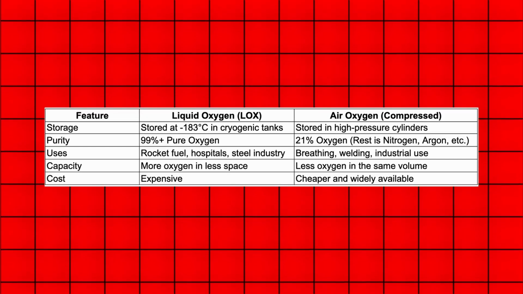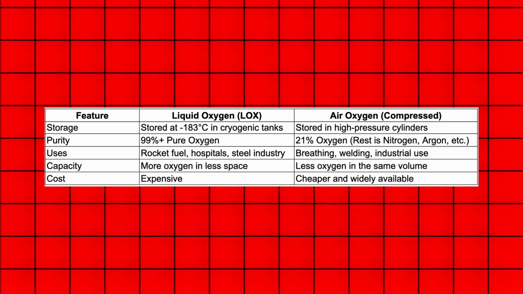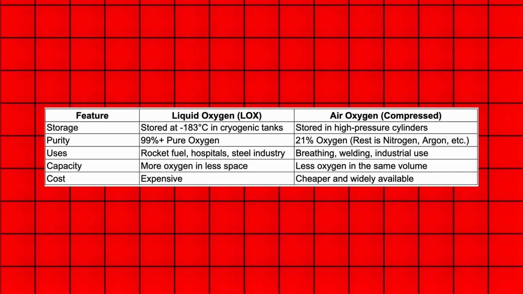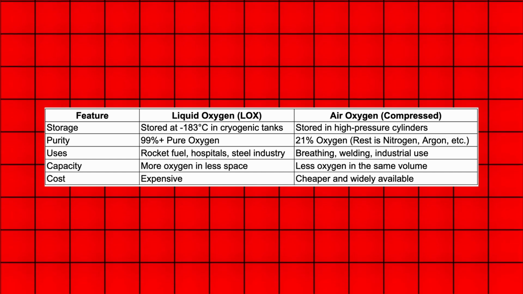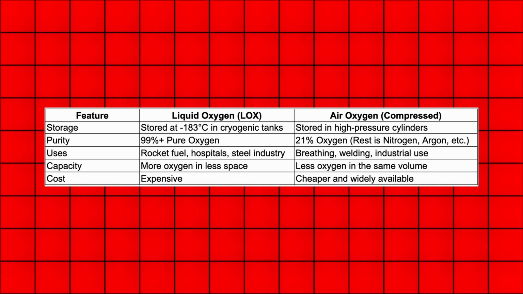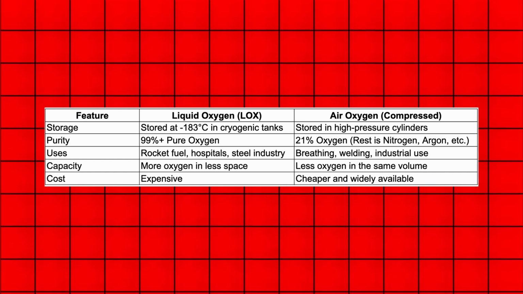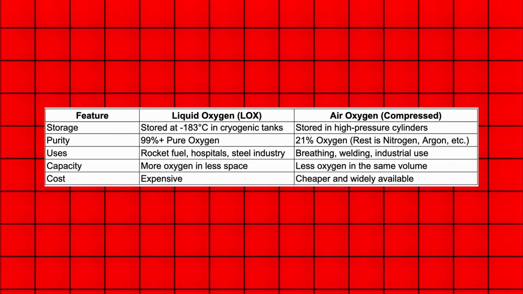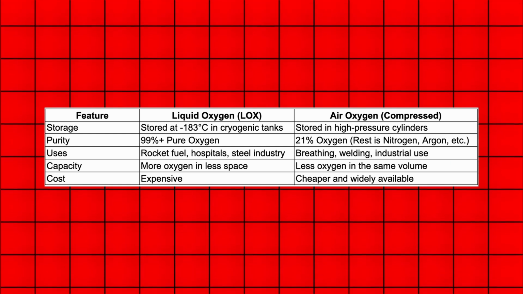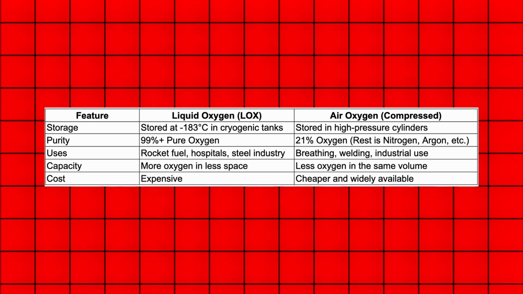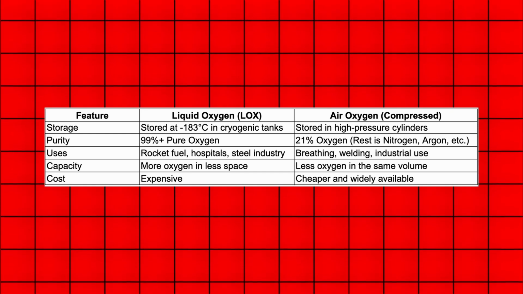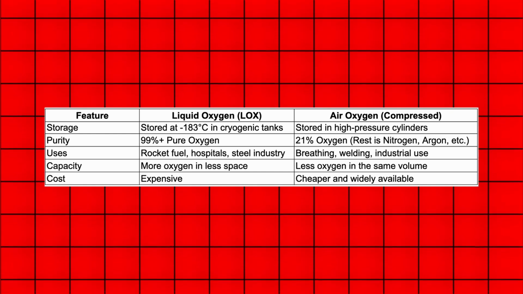There's a key difference between liquid oxygen and air oxygen. As you can see, the features are storage, where liquid oxygen has to be stored in cryogenic tanks, whereas air oxygen has to be stored in high pressure cylinders. As for purity, liquid oxygen is 99% pure oxygen, whereas air oxygen is only 21% oxygen.